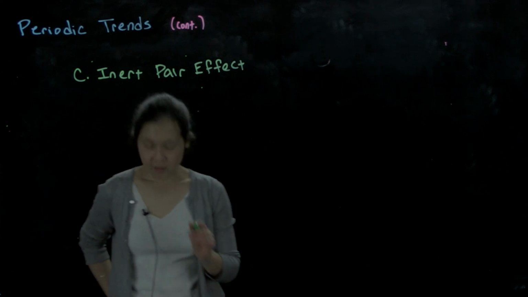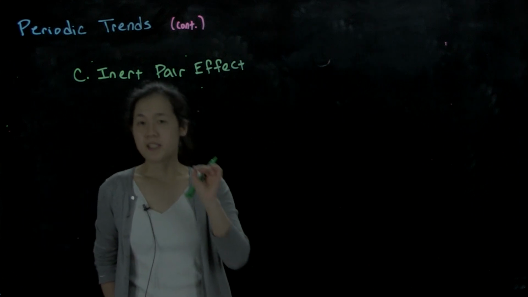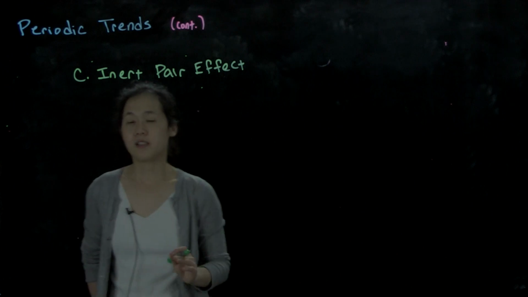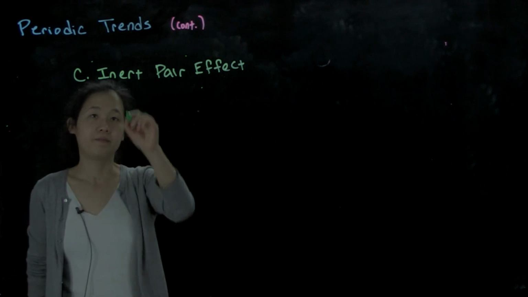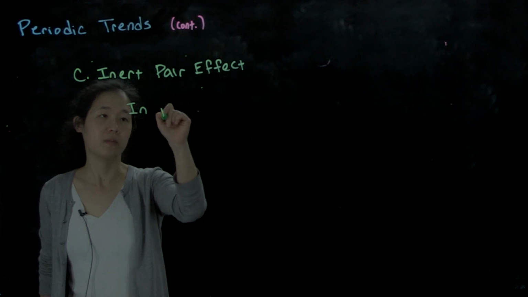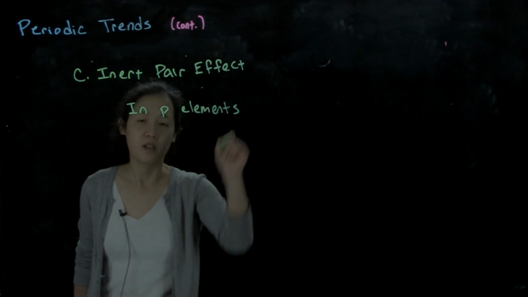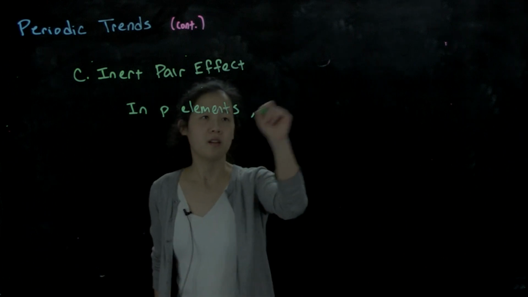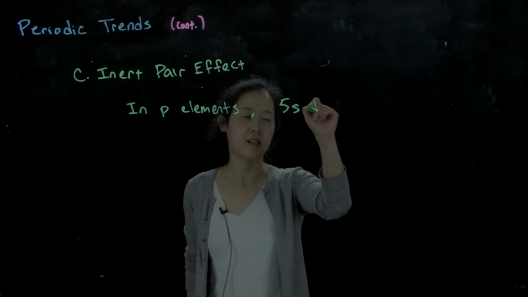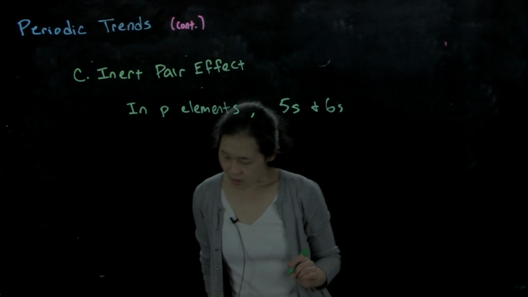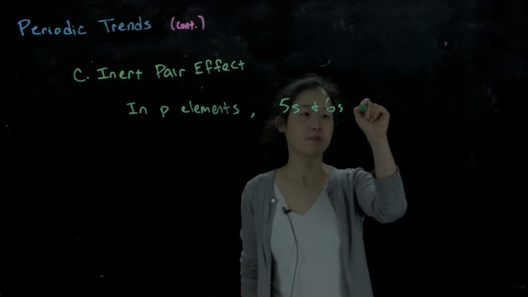Okay, and then so the manifestation of this so-called inert pair effect is that in p group elements, elements with 5s and 6s electrons are more stable than expected.